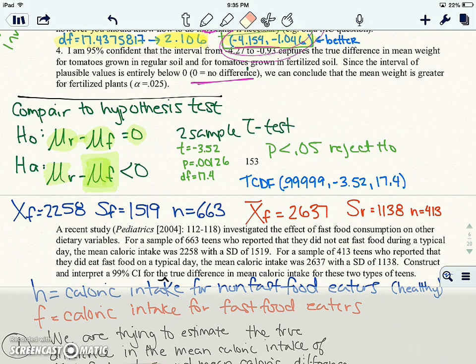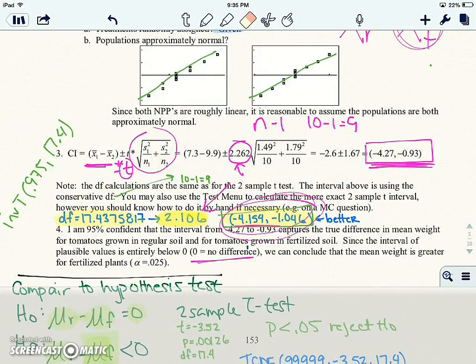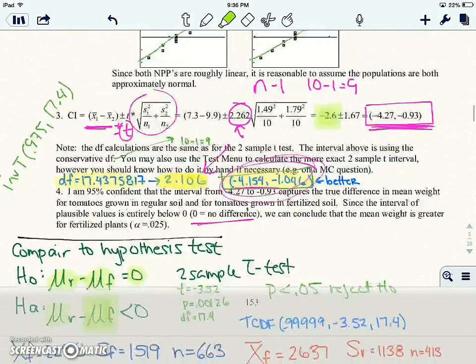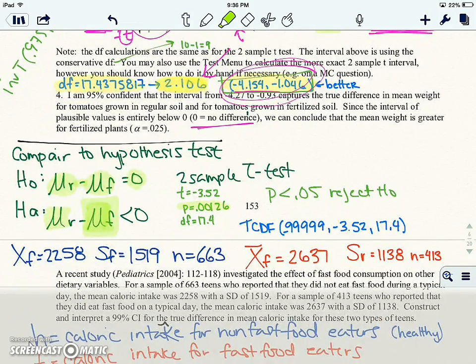And we get a p-value of 0.00126, which means the probability of getting a difference of what we got here, which was negative 2.6, the probability of getting a difference this extreme or more extreme, if they're actually the same as far as the fertilizers make the same size tomatoes, is almost 0%. So we could go ahead and reject our null hypothesis that they're the same and conclude that the mean weight is greater for fertilized plants. We make the same conclusion.